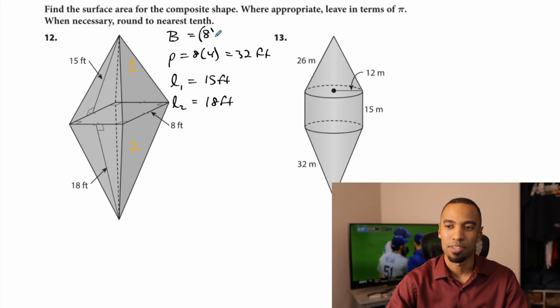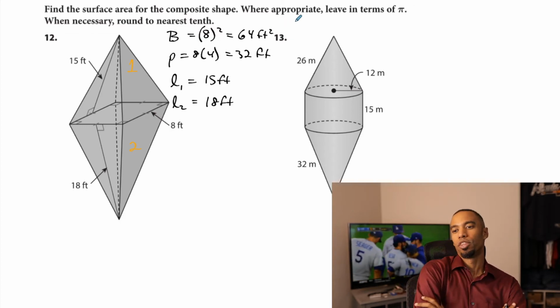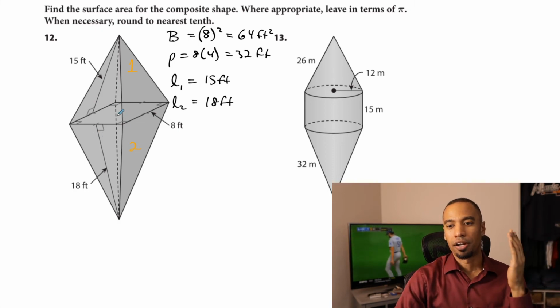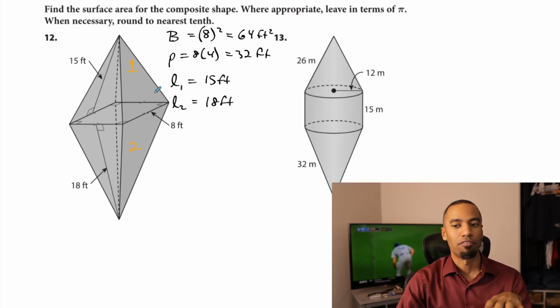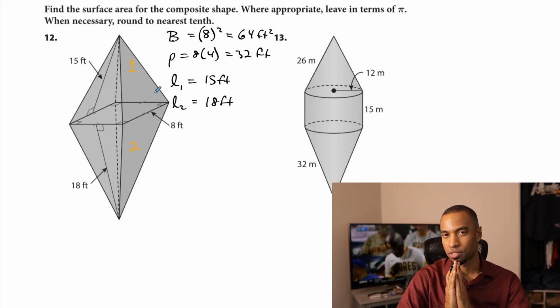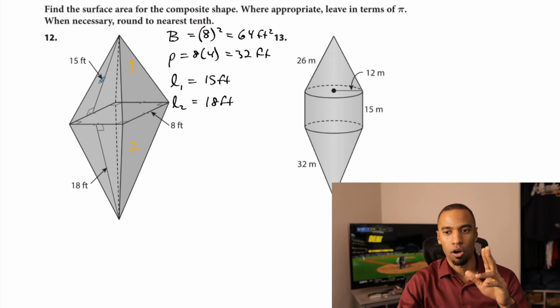This is going to be 8 times 8, 8 squared, which is 64 square feet. Whether you want to talk about this now or later, the bases are covered. Therefore, they're not a part of the surface. Really, all that counts are the lateral areas of both of these. All the triangles on the top pyramid, all the triangles on the bottom pyramid. That's all that counts. The bases are not a part of it.